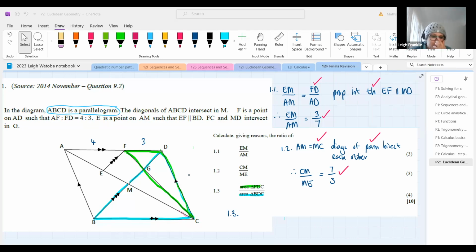Now, the reason why we're using half base times height is because there is a special property that triangles drawn between parallel lines share. What is that special property? If triangles are drawn between the same parallel lines, they have the same what?